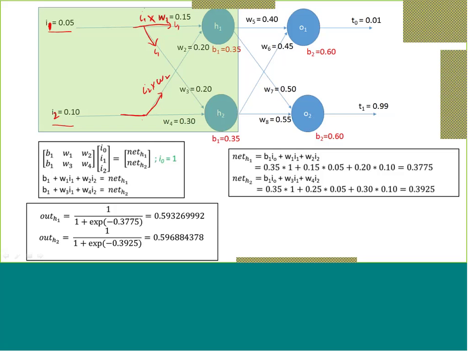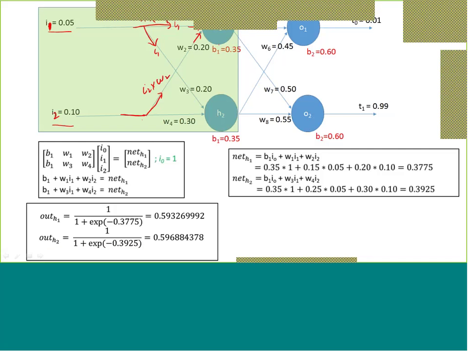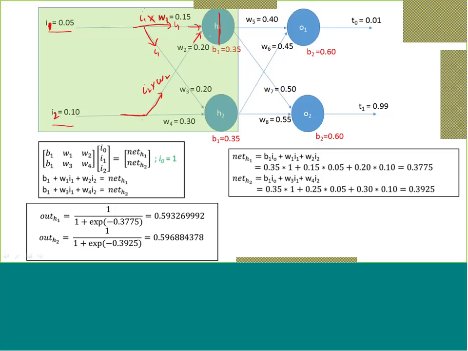The net input to this node H1 will be W1 I1 plus W2 I2 plus bias, and I have taken I0 here. The value of I0 is 1.